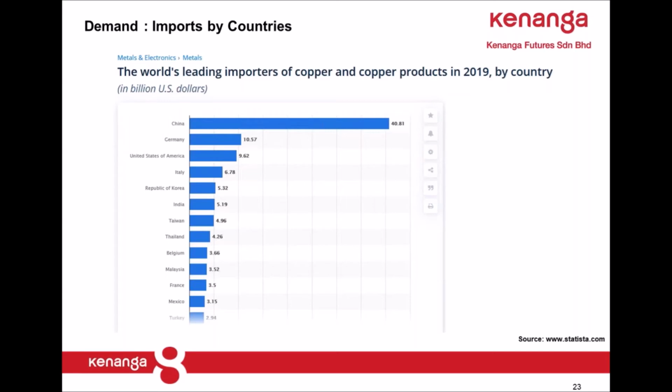Despite China itself producing copper, the internal consumption is overwhelming, and as a result China has no choice but to import copper, mainly from Australia, Chile, and Peru. In terms of zones, the EU zone is the second largest entity to import copper, followed by the United States. In fact, in terms of countries, Malaysia is also the number 10 top importing country for copper metal.